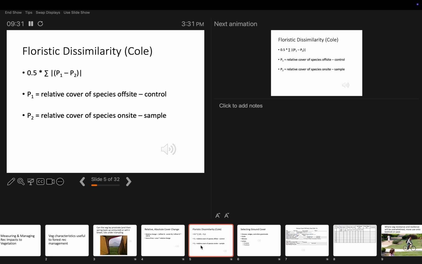What this does is it lets us know, again objectively, how bad is my non-native invasive species problem. So you're looking for a site that is as natural as you can, right, versus a site that you understand to be potentially impacted. And you see how much the two lists of species agree with each other.